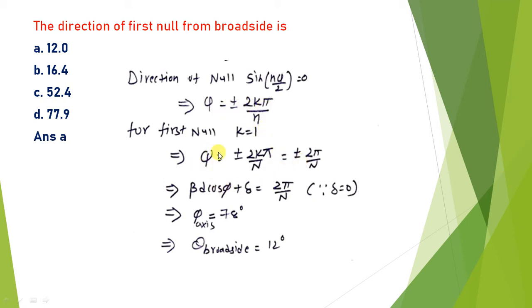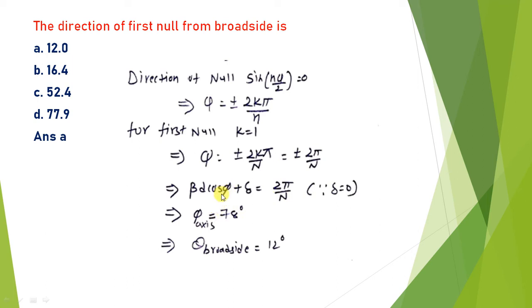So psi is equal to this, but what is psi? It is beta d cos phi plus delta. Now the angle from the axis, 78 degrees, you have already found. Beta is equal to 2 pi by lambda, d is already given to you in the previous data, and delta is equal to 0, and n is equal to 8.